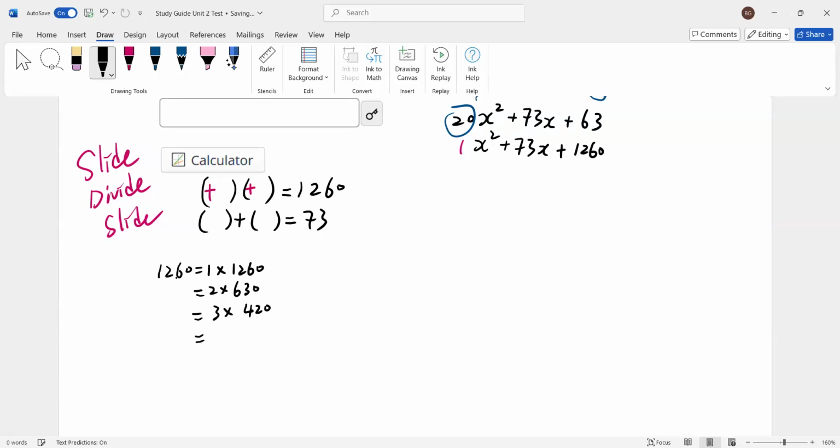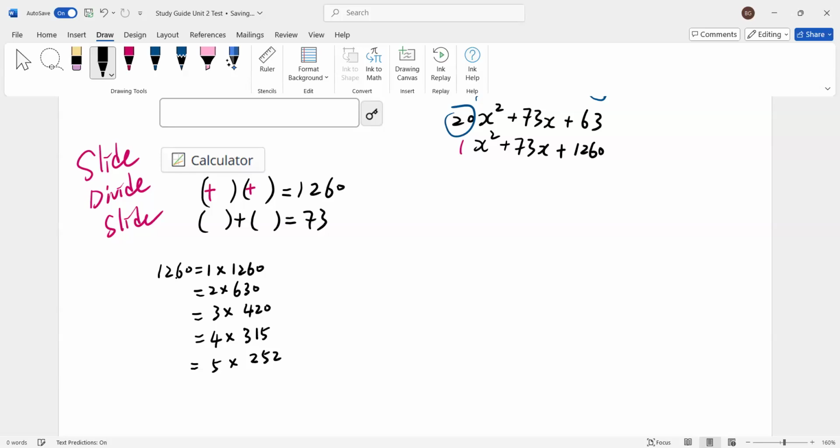If we got a 4, it's going to be 315. If we got a 5, it's going to be, yeah, let me get my calculator, just to make sure I don't make any mistake here.